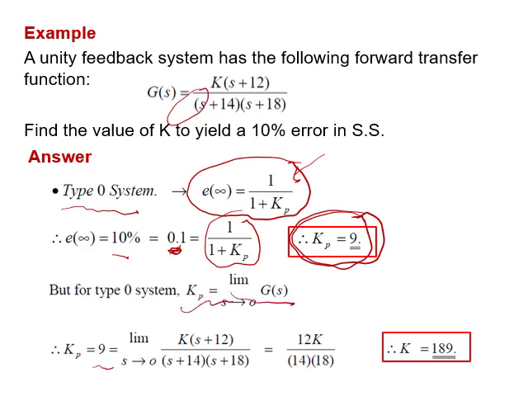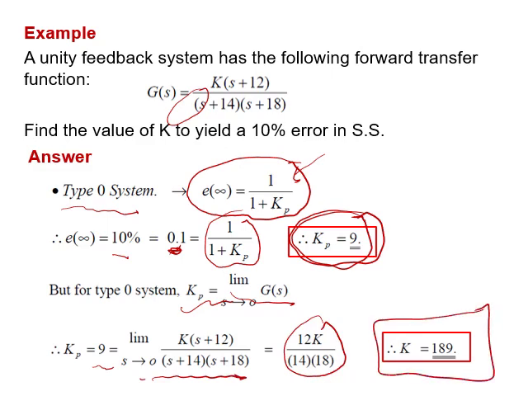That means 9 is equal to 12K over 14 into 18. From there, we will find K equal to 189. That's how we can calculate the gain or the constant which is going to give me a specific steady-state error.